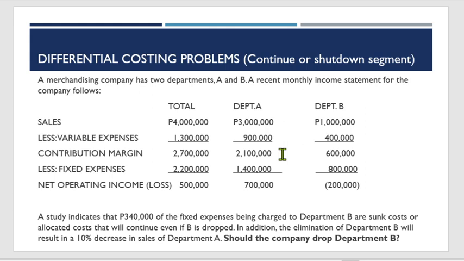I-compare mo to sa total income mo kanina, 500,000. So, kung 500 kanina, ngayon 150,000, bumaba ka ng 350,000 sa income mo, total company income. So, therefore, what should you do? Are you going to drop Department B simply because of an apparent loss na 200,000? The answer is no. You should not drop Department B because ang effect niyan sa total company income ay reduction sa income ng 350,000.